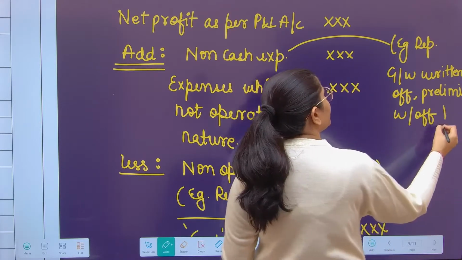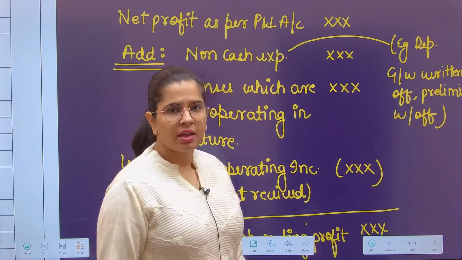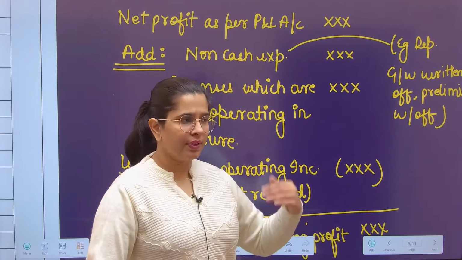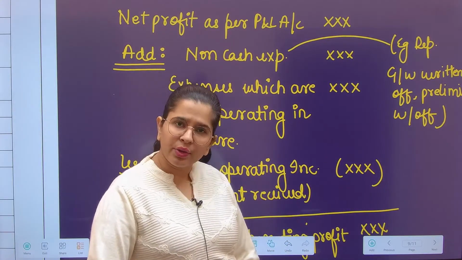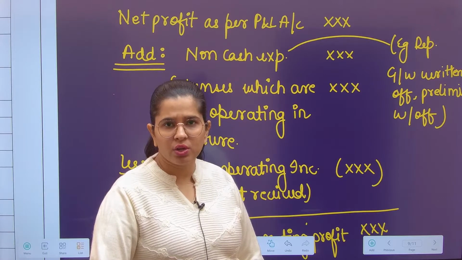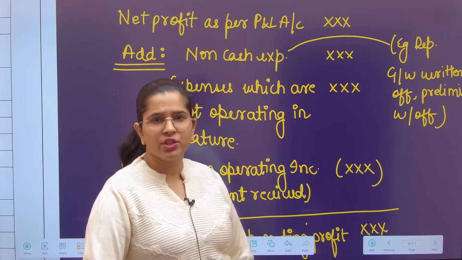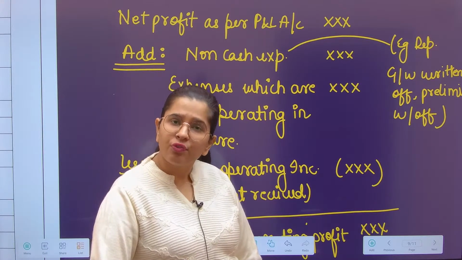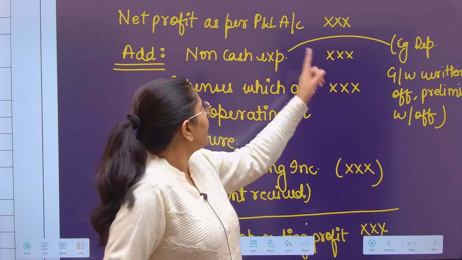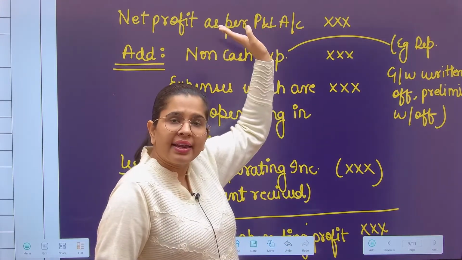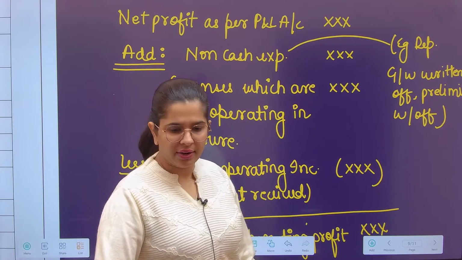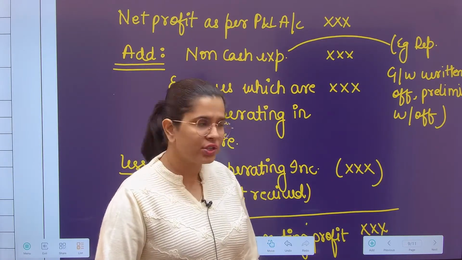So these are fictitious assets. You are writing off goodwill over the years. Are you incurring any cash expense on account of it? No. No cash is going out of your pocket. So if no cash is going out of your pocket, then please add it back and give us the cash profit, right? Remove all the non-cash items.